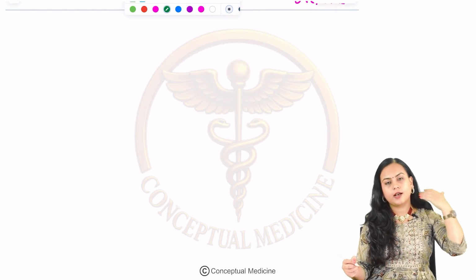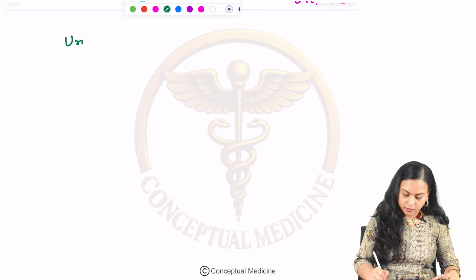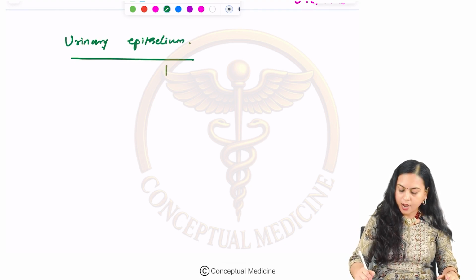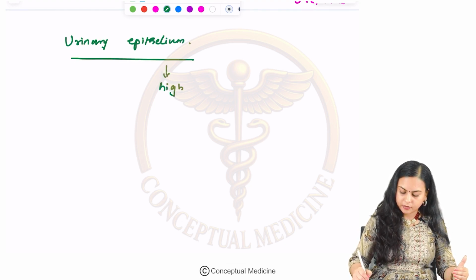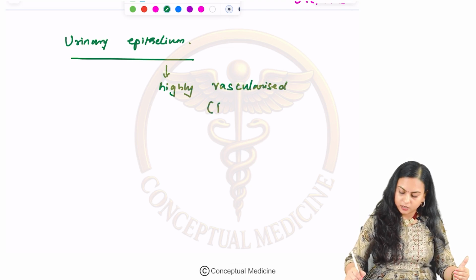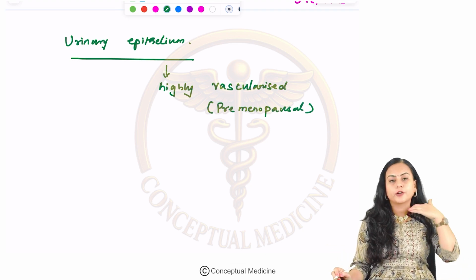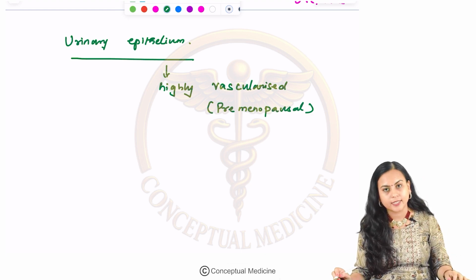And you also have to know that the urethral epithelium is highly vascularized, especially in premenopausal women, and this is also important for maintaining continence in them.